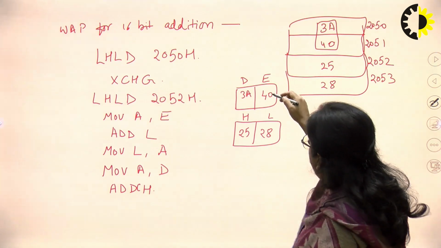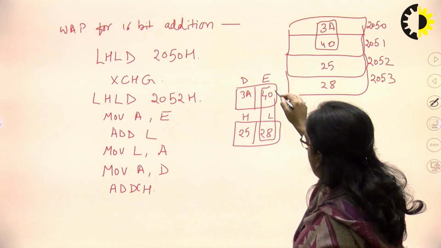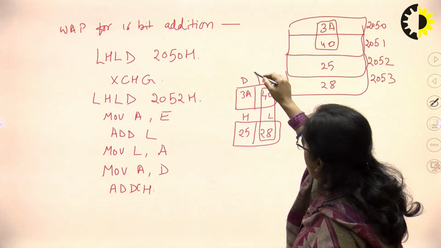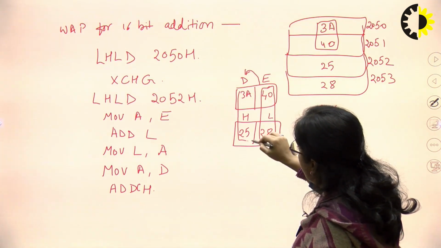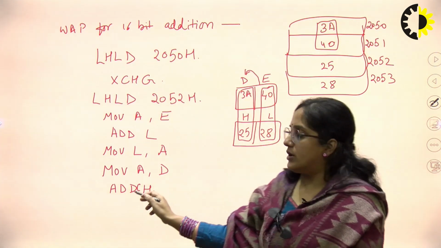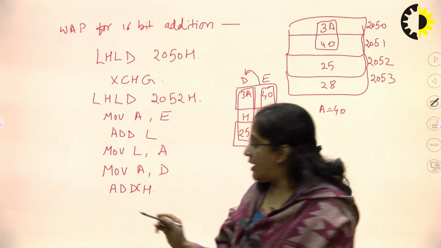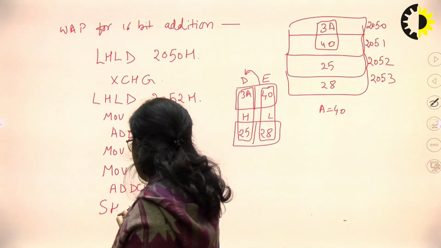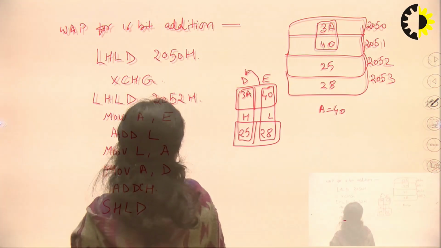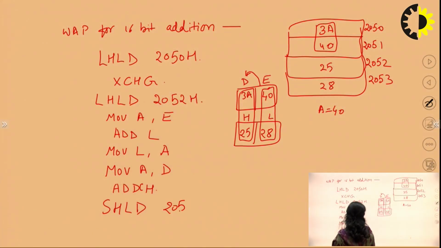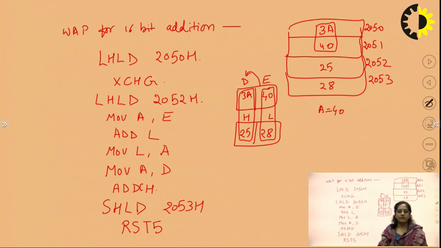So when we add these two numbers, if a carry is generated, it will be added in. The result will be in H, and now we will store it with SHLD, at the 2053 location, to store the result.